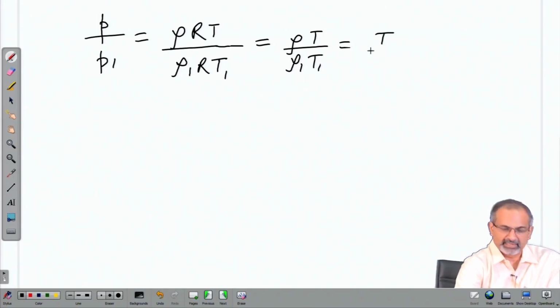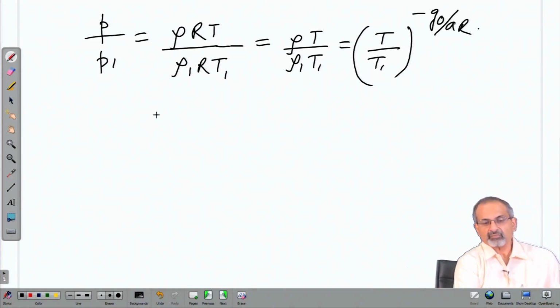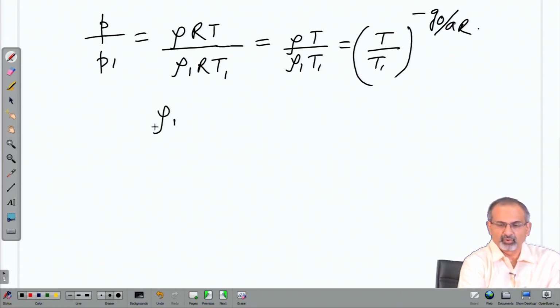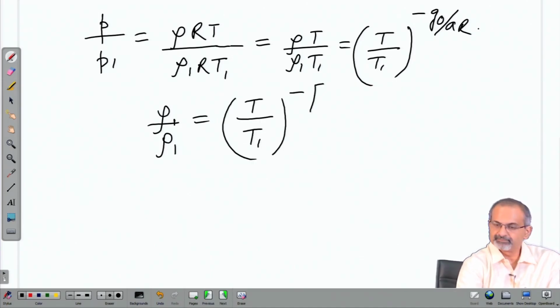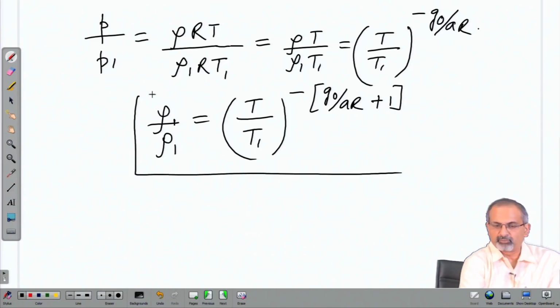So, that again is equal to this. Therefore, finally, an expression for rho by rho 1, which will be given by this. This is again an important equation.